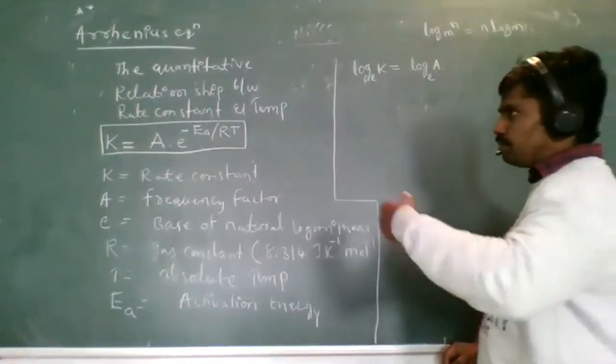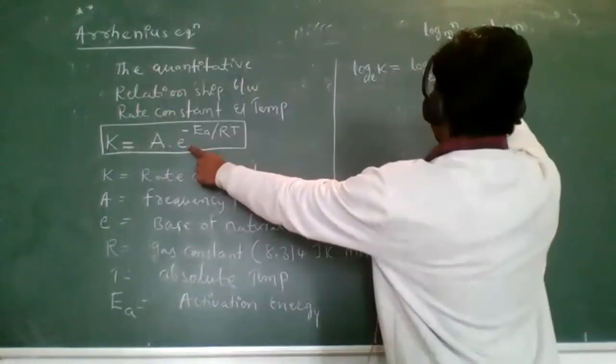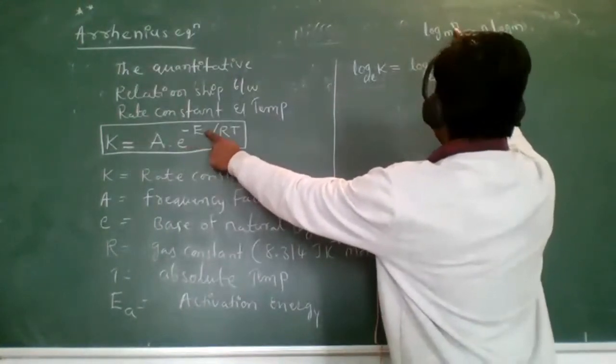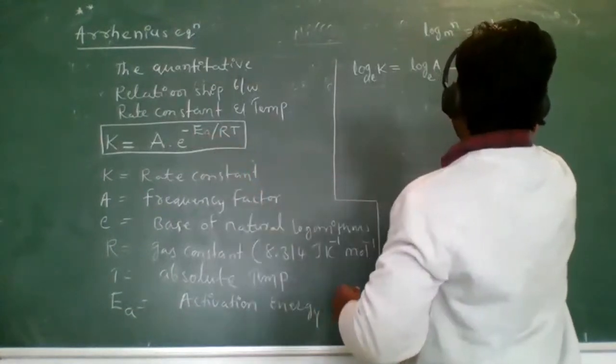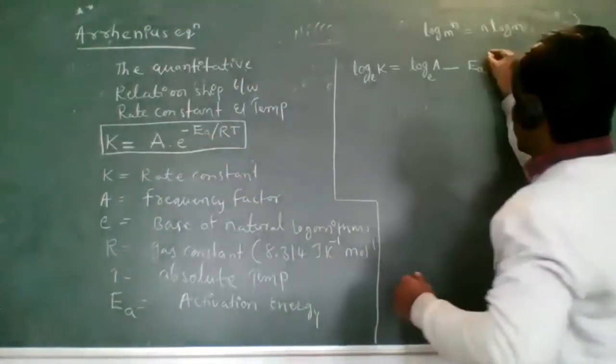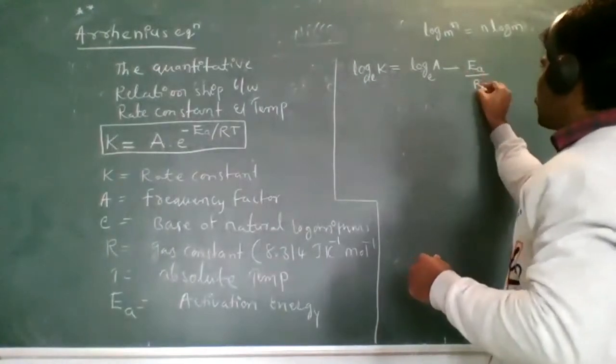Now see here, this is the m, this is the n. n comes to the front side, so I write minus Ea by RT.